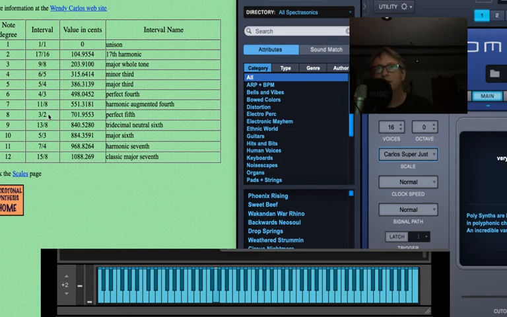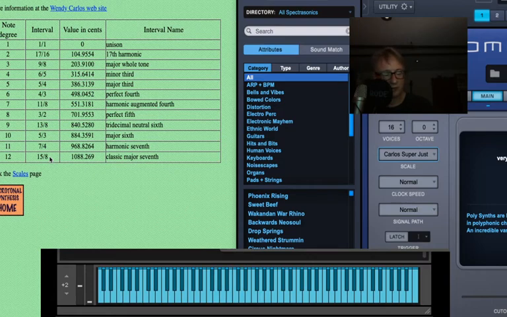It would be 3 over 2 times 3 over 2, or 9 over 4, and transposed down an octave becomes 9 over 8, which gives us our D, a perfect fifth. Our major third from G is 5 over 4, so 5 over 4 times 3 over 2 becomes 15 over 8, which is up here. And that gives us a really nice just 5 chord.